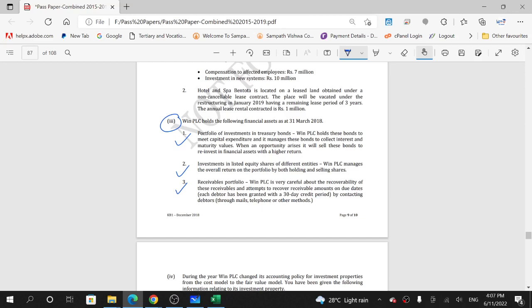Therefore, this bond should be classified under fair value through OCI, as fair value through OCI financial assets.